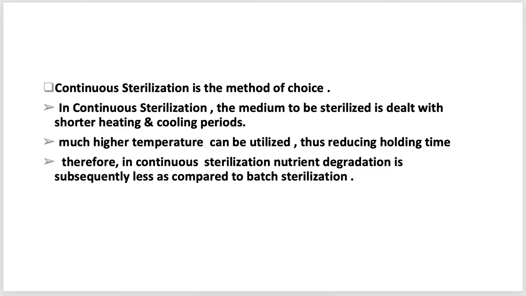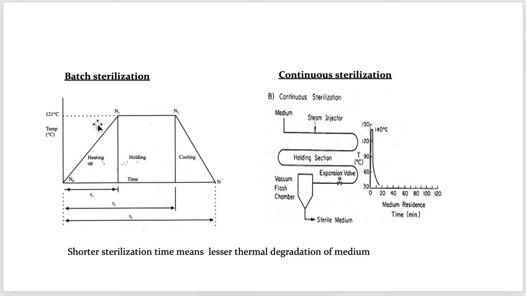If we compare the heat graph of batch sterilization and continuous sterilization, we can easily understand that. This is the graph of the batch sterilization. If we consider the heating time, holding time, and the cooling time, the media are exposed to heat for a longer period of time.